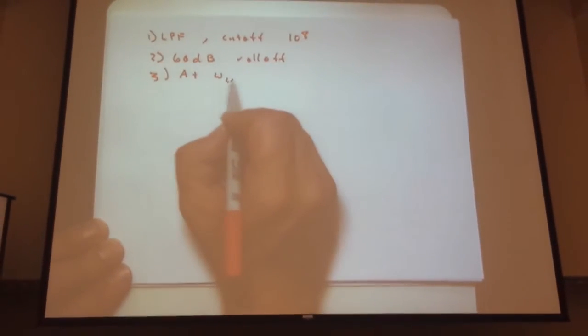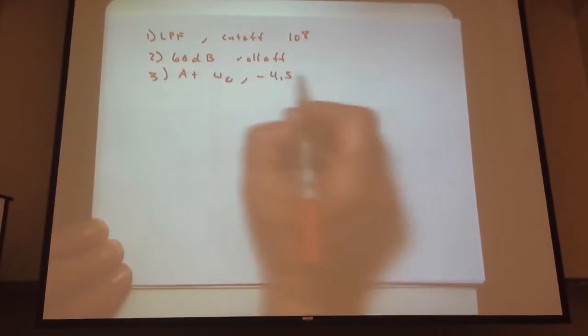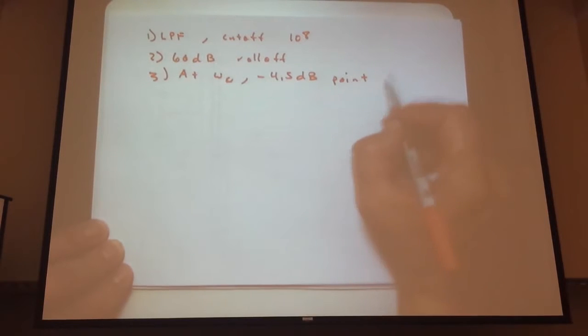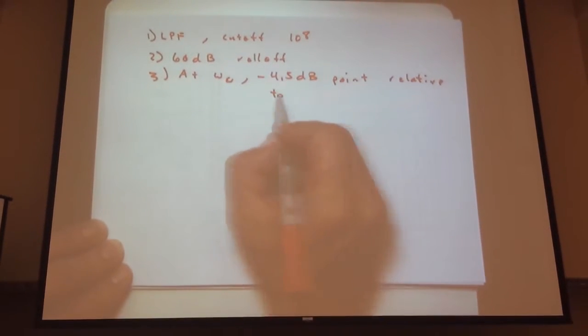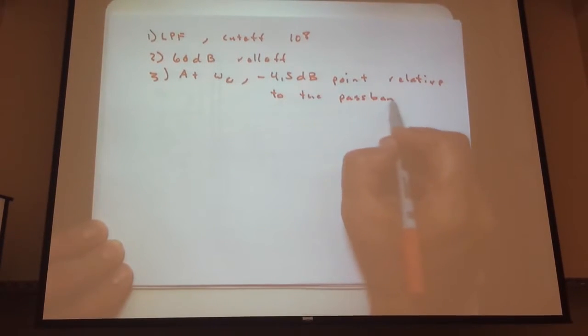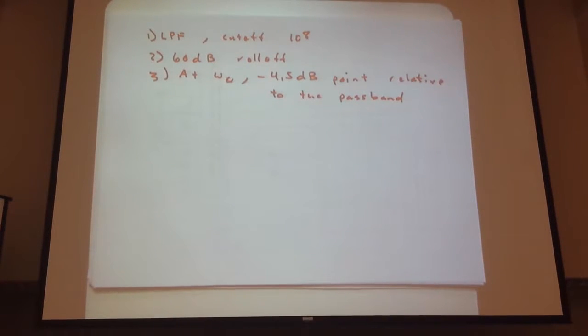At omega cutoff, omega C, minus 4.5 dB. How do we build this relative to the pass band? Now we have less choices.